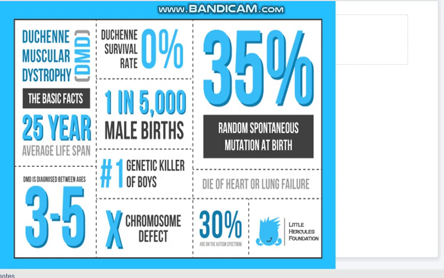The average lifespan is 25 to 30 years, and it can be diagnosed at 3 to 5 years. About 1 in 5,000 male births are affected, and it is the number one genetic killer of boys. 35% are random spontaneous mutations at birth.